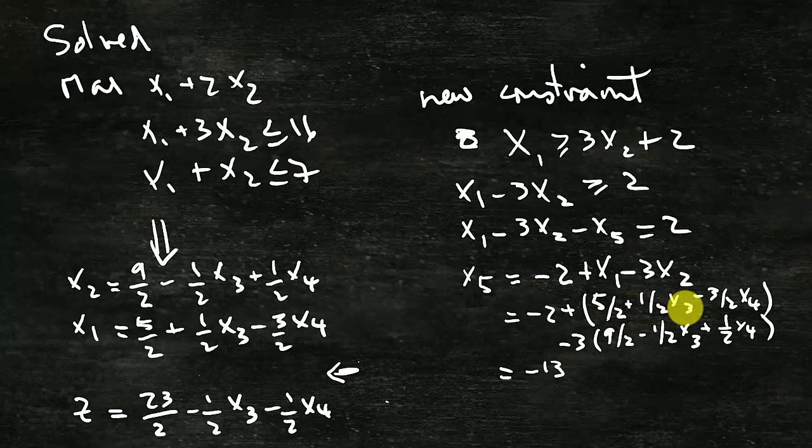We have plus a half, plus 3 halves, so that's plus 2x3, a half and 1.5 is 2x3, and x4 is minus 3 halves minus 3 halves, so that's minus 3x4.